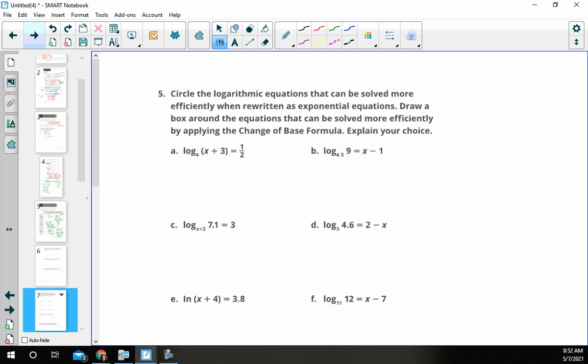And we're going to draw a box around the equations that can be solved more efficiently by using the change of base formula. So we are circling all the ones that going to exponential form would be easier, and we're going to box all the ones that change of base we think might be easier. So go ahead and circle and box what you think.